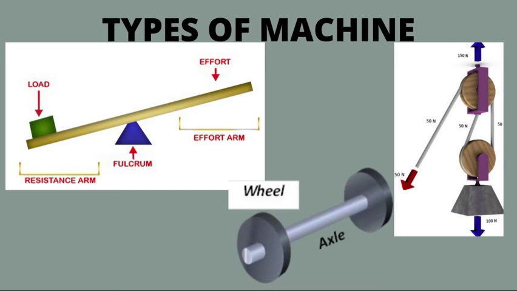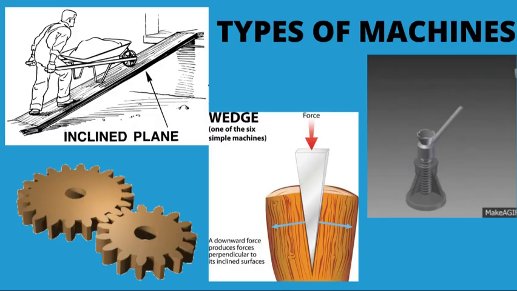And here we have types of machine. The first one there is the lever. The lever has the load, the effort, and then the fulcrum. And then we have the wheel and axle, the one at the center. The wheel is the round thing that looks like a tire, and the axle is the rod joining them together. We also have the inclined plane, and then we have the wedge.